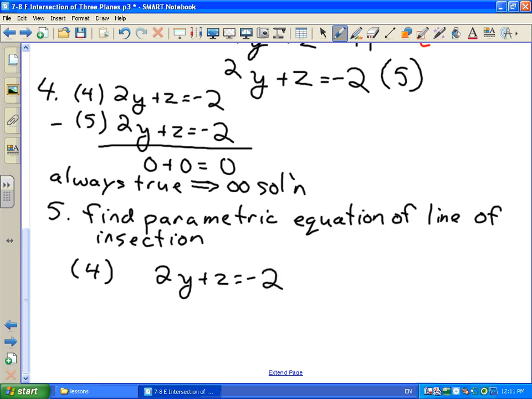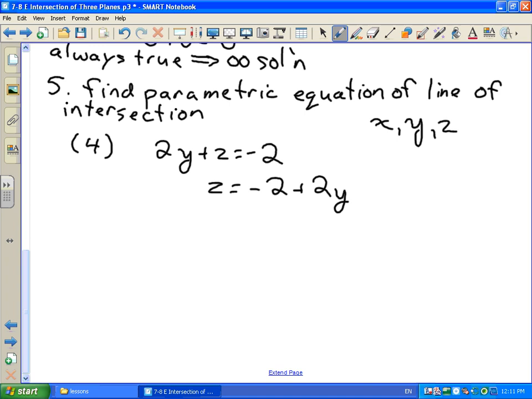And remember, when we're looking for a parametric equation, what we want are expressions for x, y, and z: x equals something, y equals something, z equals something in terms of the parameter t. Let's use this to get an expression for z. So let's rearrange this here. We'll get z equals -2 plus 2y.